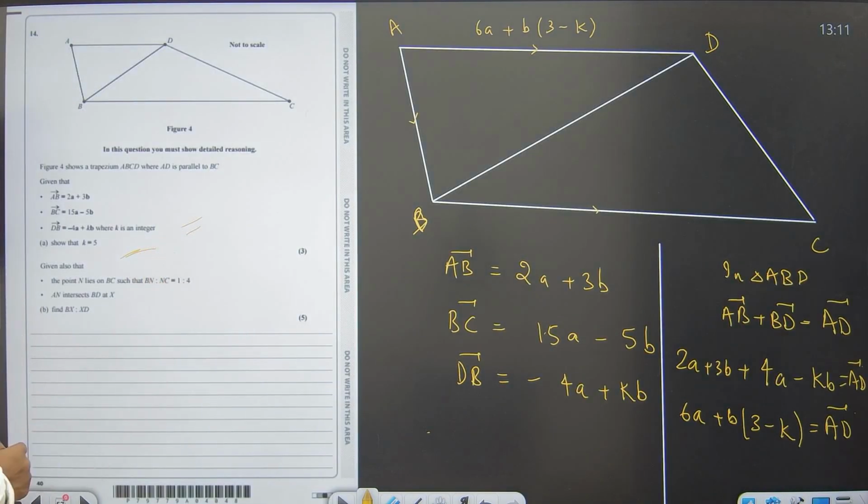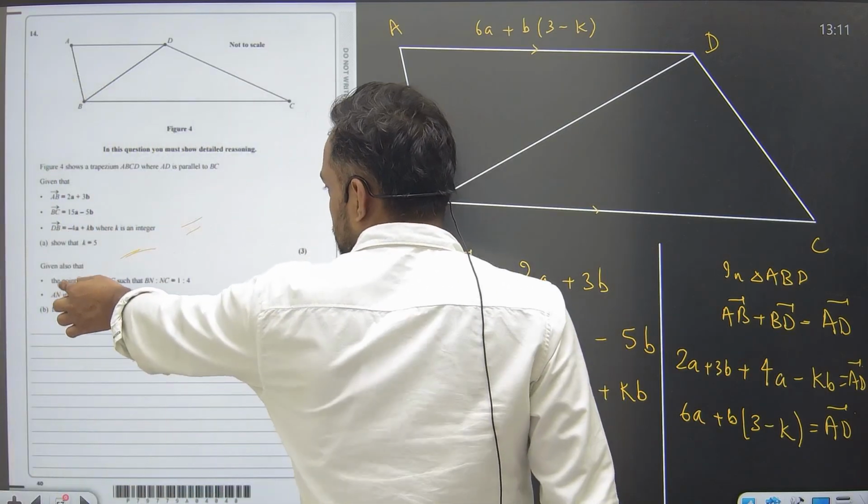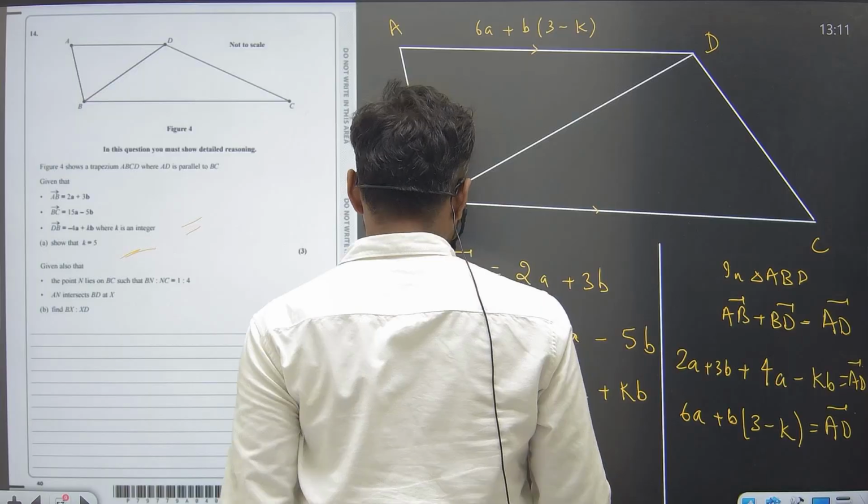This part is done. Now in the second part, students, they have told us that the point N lies on BC.